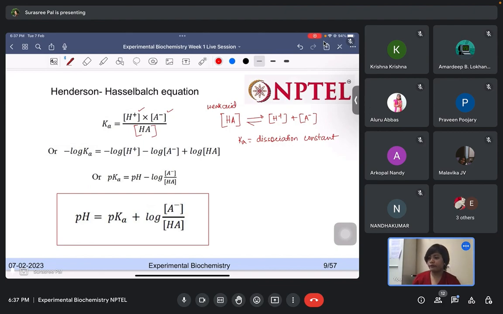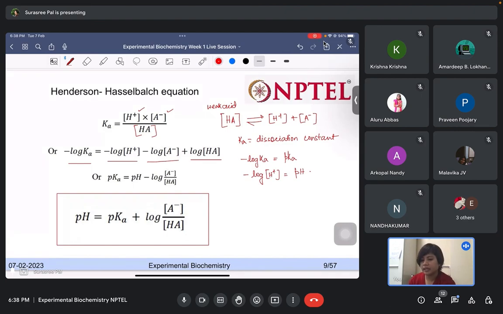And now if we take the negative logarithm of this whole equation, what we get is minus log of Ka equals minus log of H plus minus log of A minus plus log of HA, right? And we know that minus log of Ka is pK, minus log of H plus is pH.